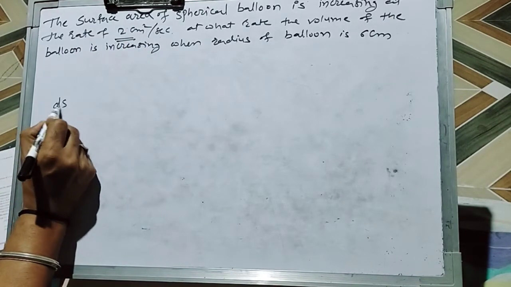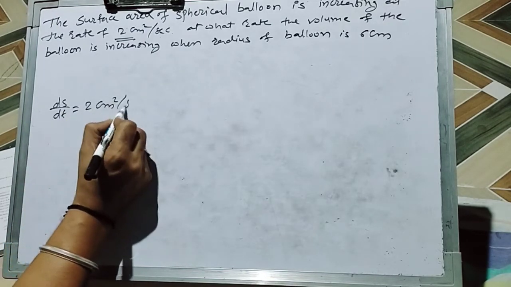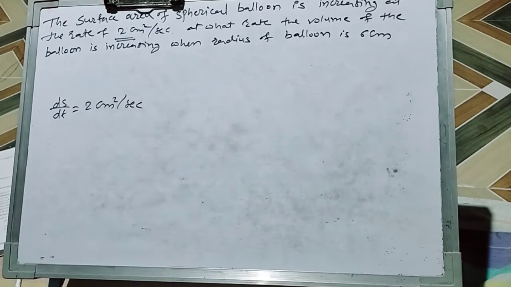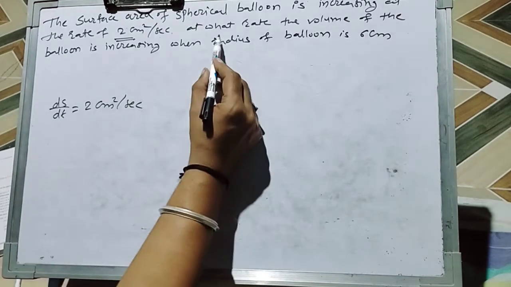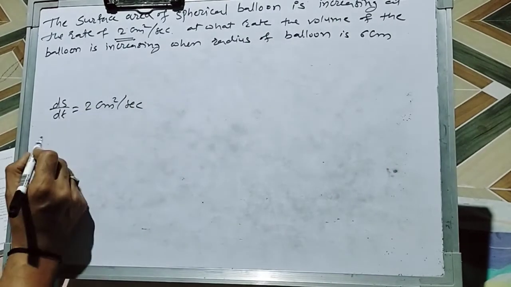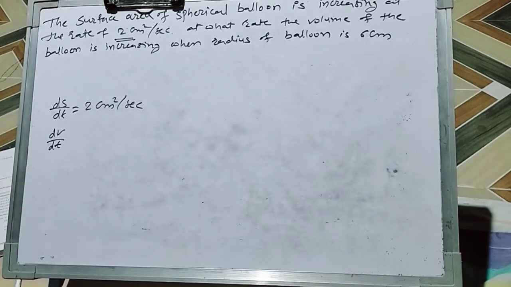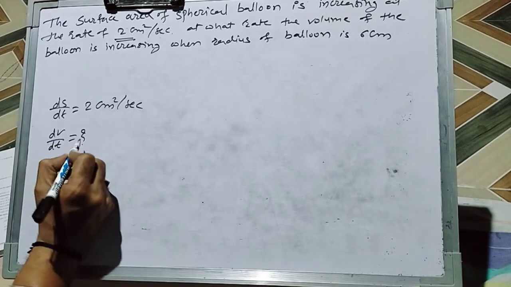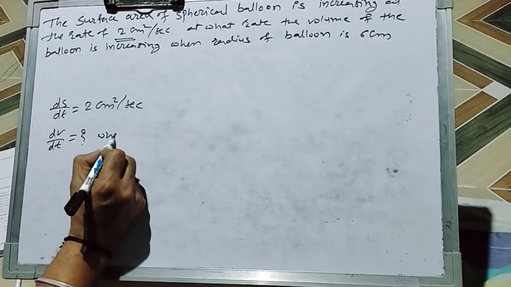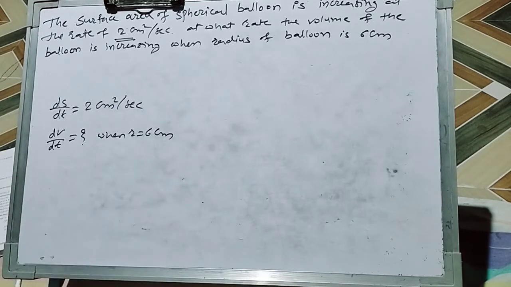It means ds by dt is equal to 2 centimeter square per second. At what rate is the volume of the balloon increasing? It means we have to find the rate of change in volume. It means dv by dt is equal to how much whenever r is equal to 6 centimeter.